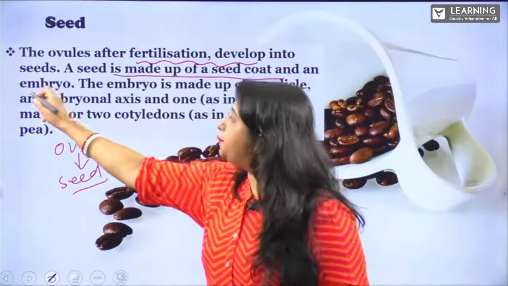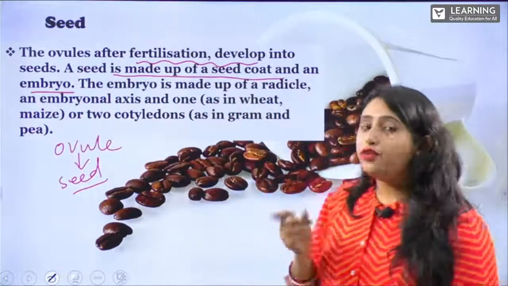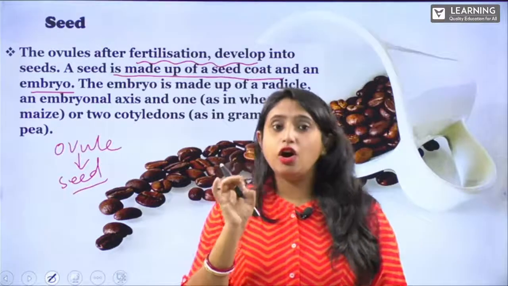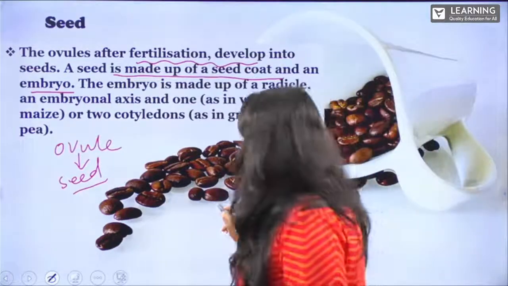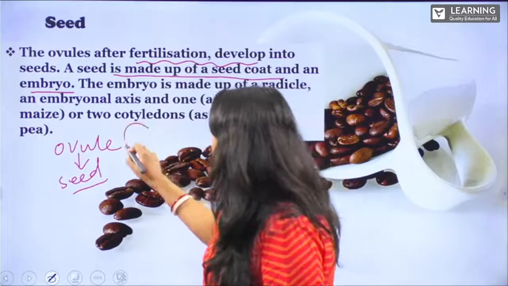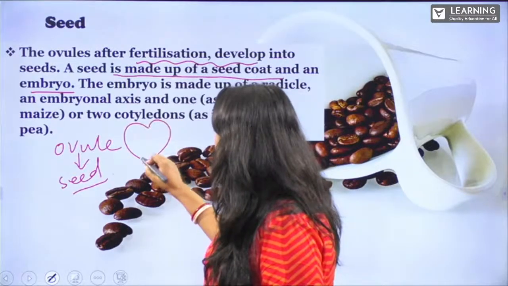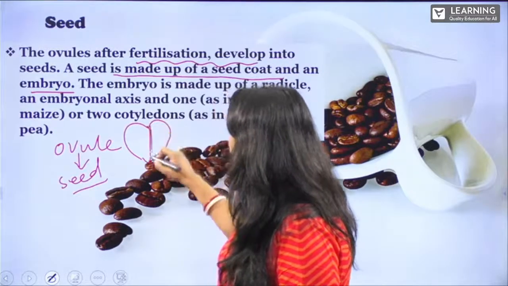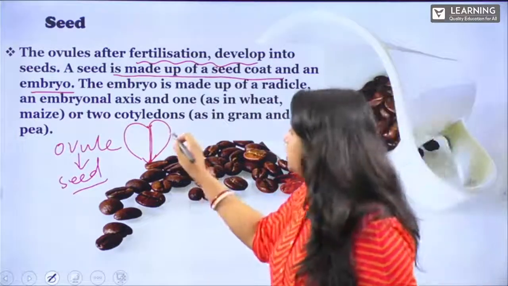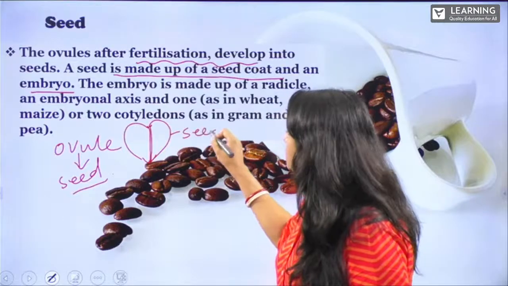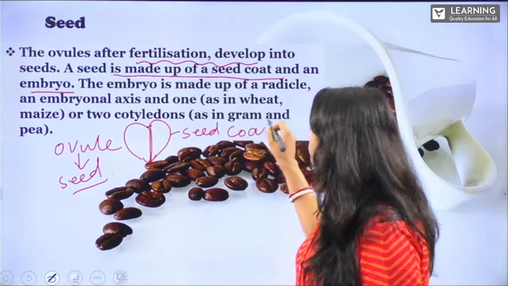So have you ever seen a gram seed or a pea, how it looks? It will look like this, right? And this is the middle portion, isn't it? So this portion is called your seed coat.